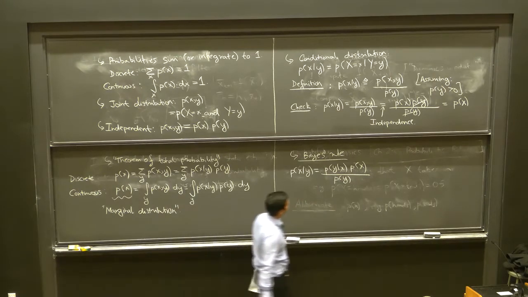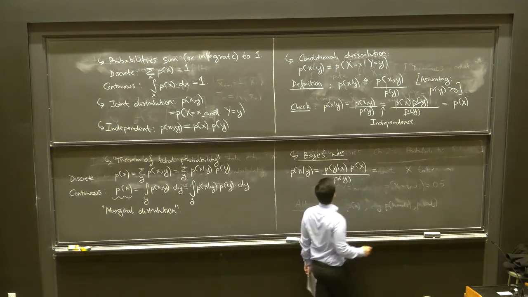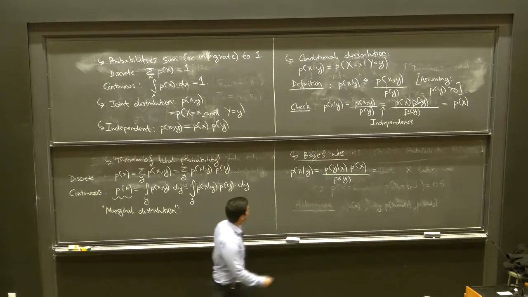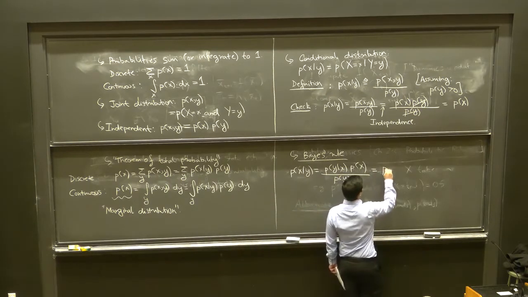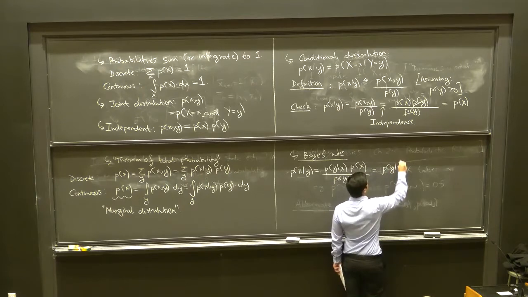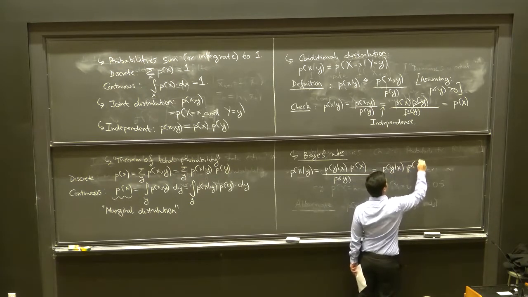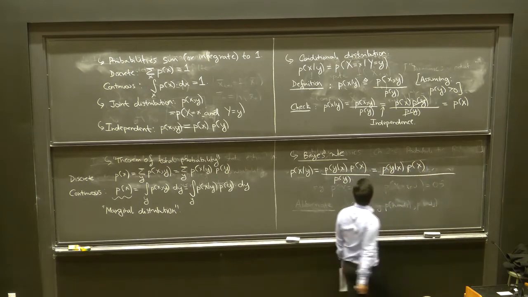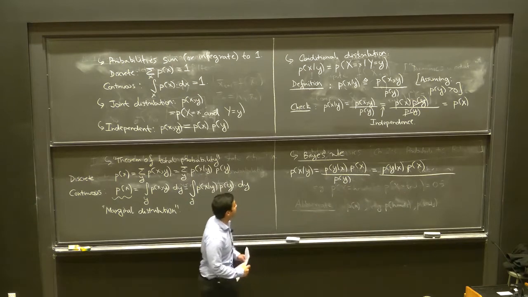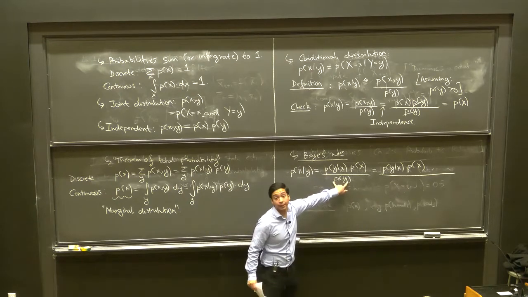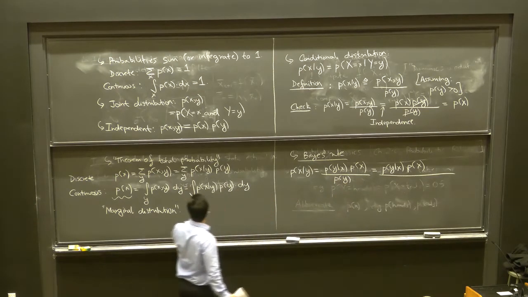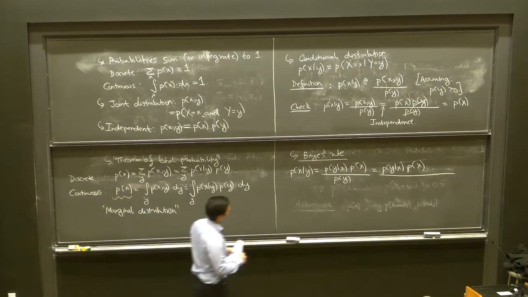We can write it in a slightly different form by expanding out the denominator. So P of y given x, divided by P of x. We can expand out the probability of y using the law of total probability.